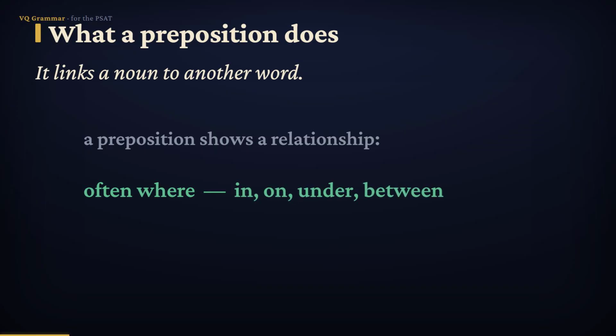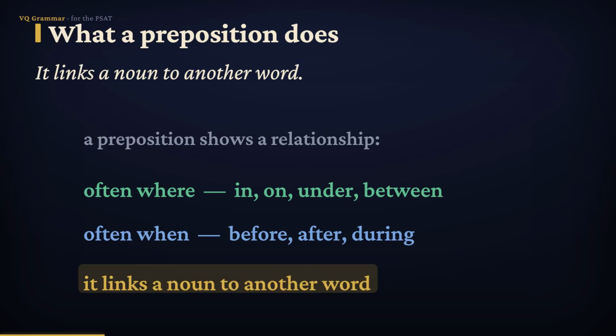Words like in, on, under, and between, telling you where something is. Just as often, it's about time. Words like before, after, and during, telling you when. The key idea is this. A preposition links a noun to another word in the sentence.